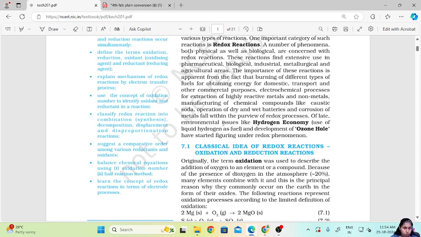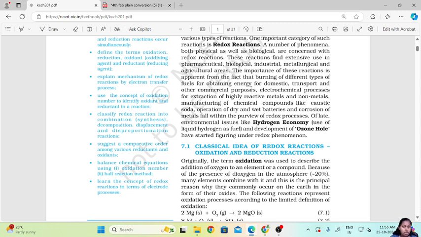Burning of different types of fuels, the fuels that we use, for example petrol, diesel, your normal LPG. In burning of all these fuels, a redox reaction is involved. For transport and for commercial purposes also. For electrochemical processes, that is for extraction of highly reactive metals and non-metals.